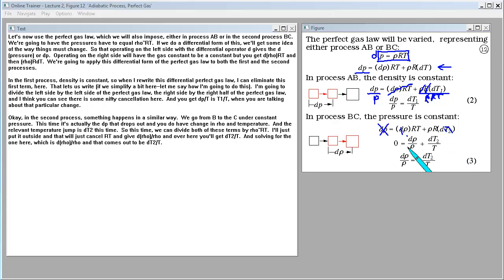So this time we can divide both of these terms by rho RT. I'll just do it outside. And that will cancel the RT, give you d rho over rho, and over here you'll get dT2 over T. And solve again for d rho over rho. And that comes out to be dT2 over T.